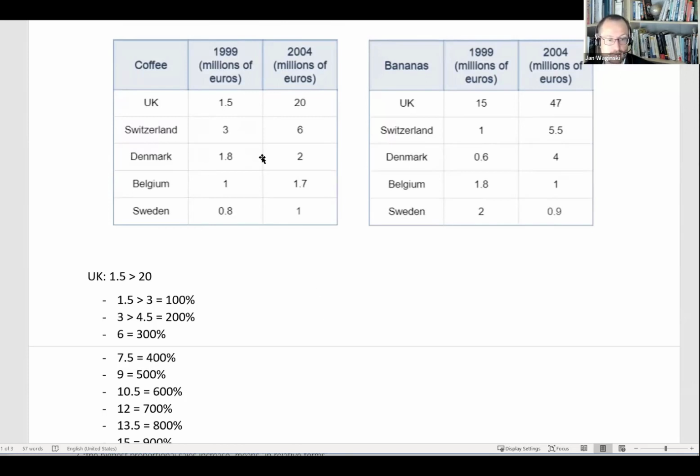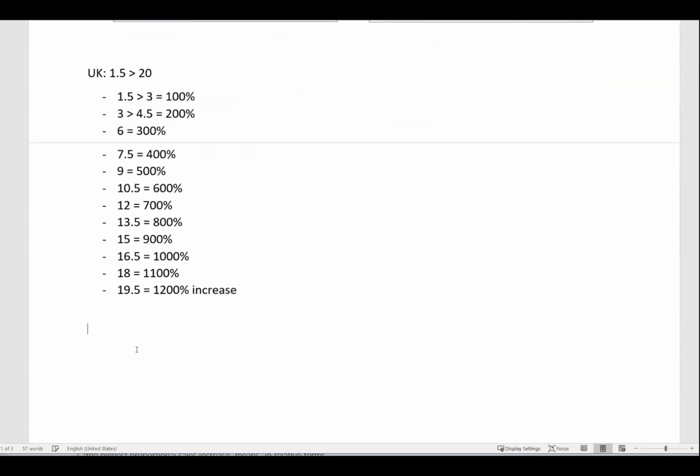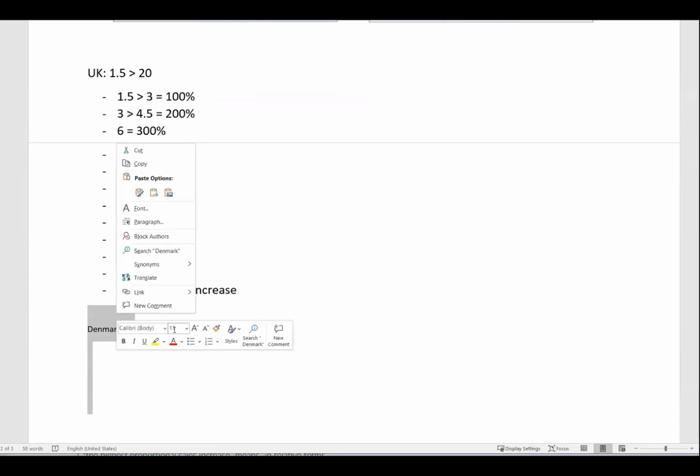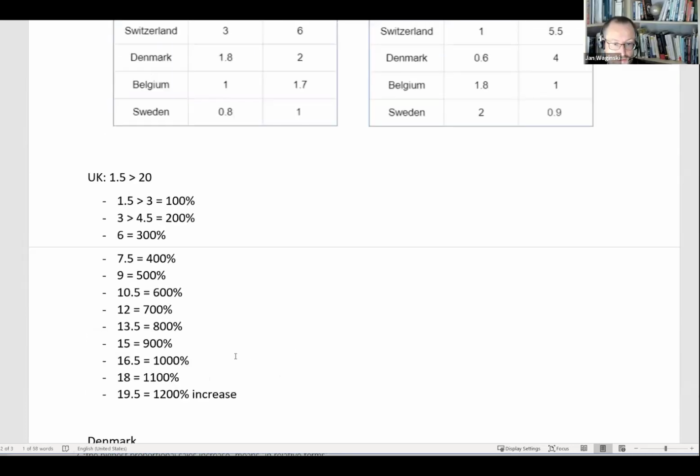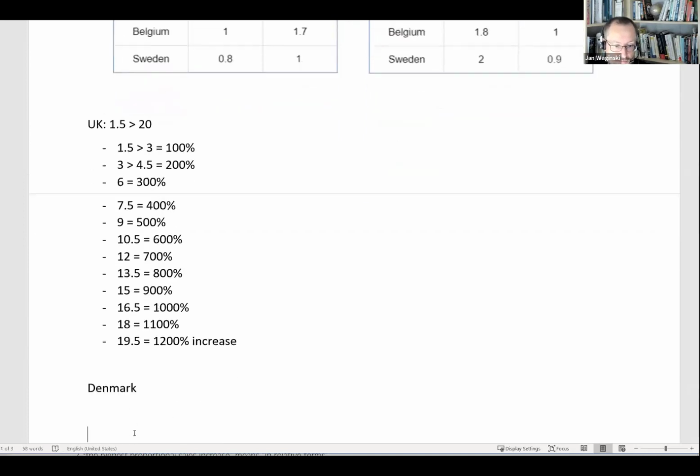How would you describe the growth in Denmark? No, it's 1.8 to 2. So Denmark is going from 1.8 to 2.